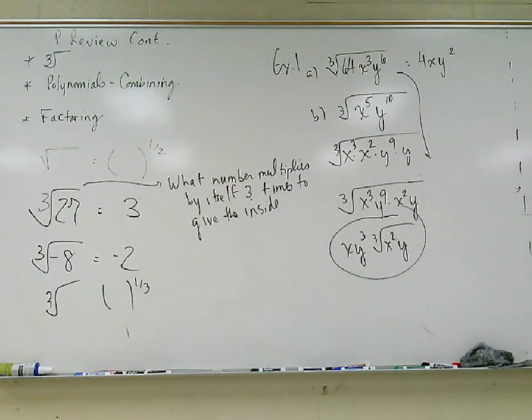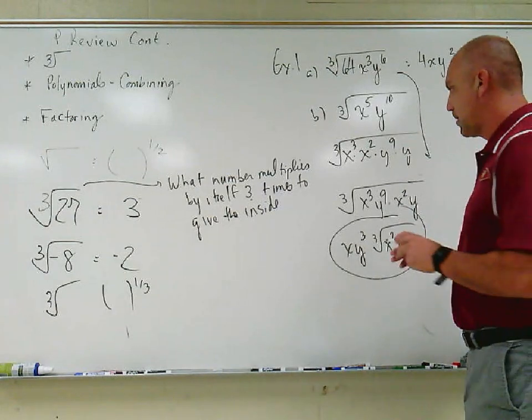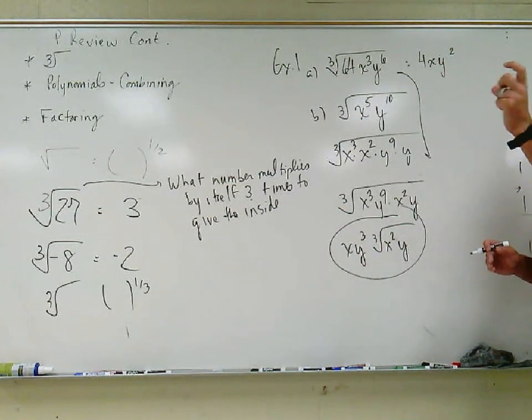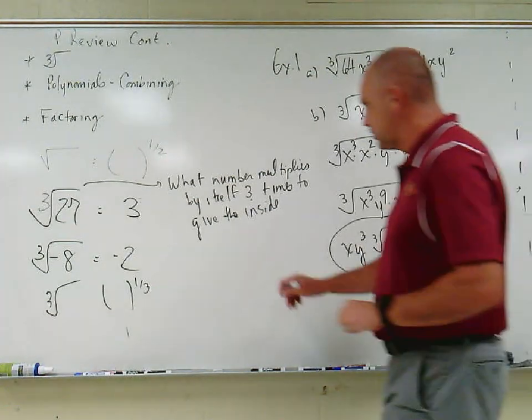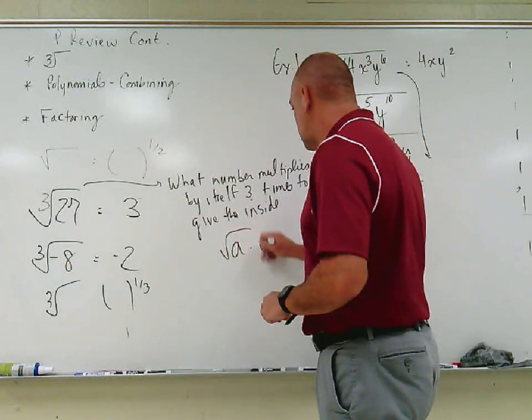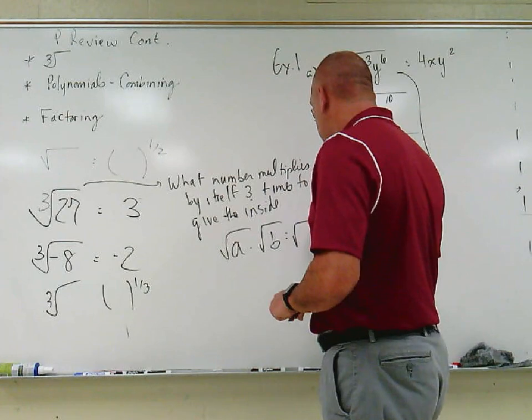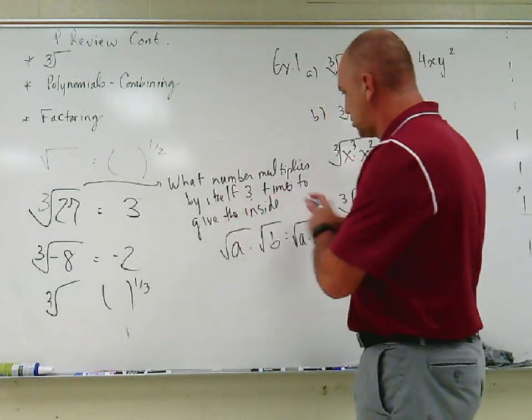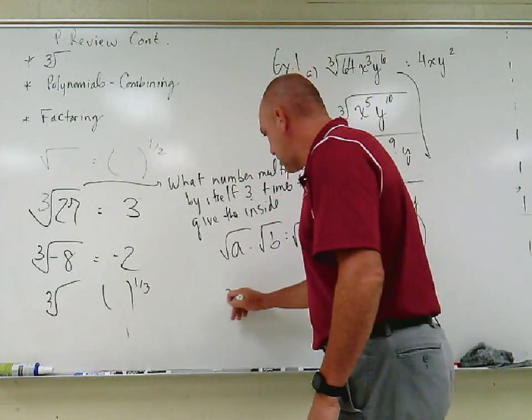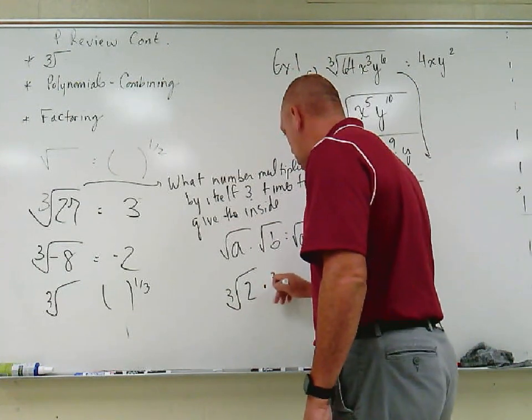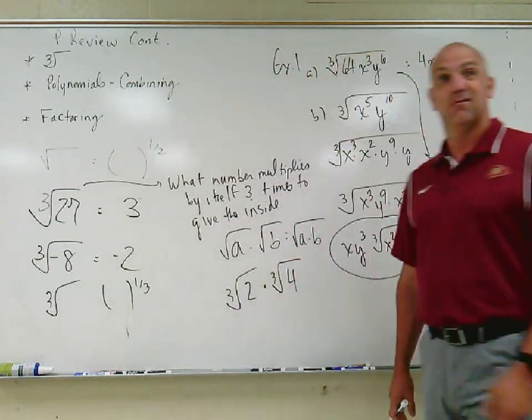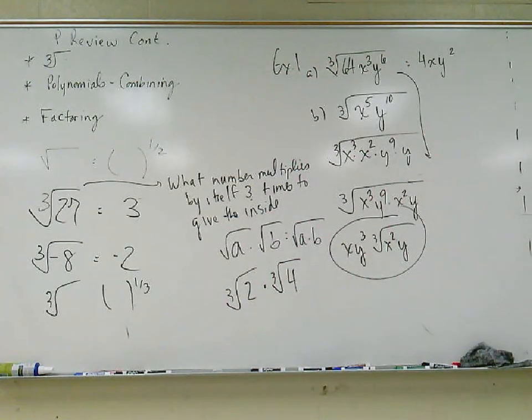Okay, does this ring a bell? Like I showed you the rule yesterday, the product of radicals can be written as one radical. So like we said, square root of a times square root of b equals square root of a times b. That goes hand in hand. I could do the same thing here. If I had cube root of 2 times cube root of 4, we're like, I don't know what that is, right?